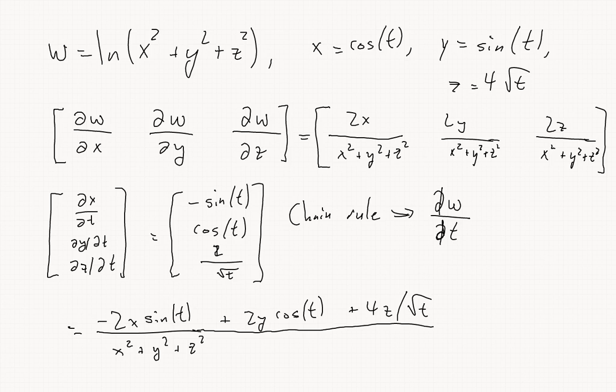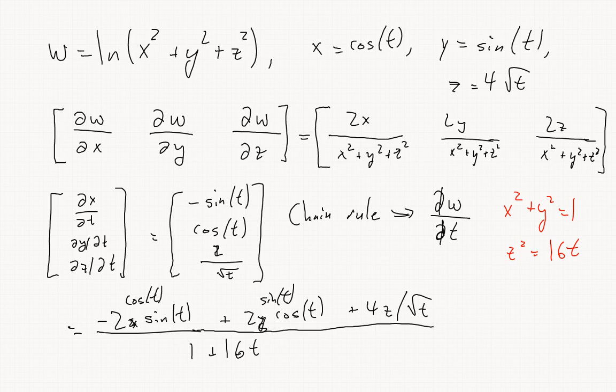Now we can substitute in, so x squared plus y squared plus z squared, well, x squared plus y squared is equal to 1, and z squared is equal to 16t. So this will become all over 1 plus 16t, then the x, so this will become negative 2 cos t sine t plus 2 sine t cos t.